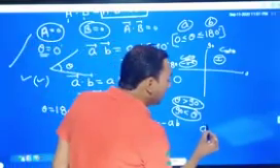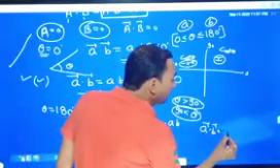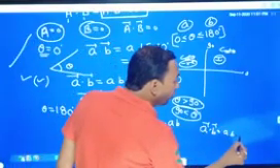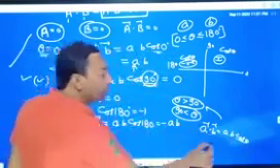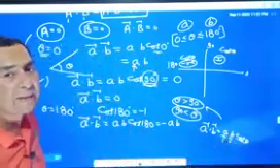Then a dot b is magnitude of a, magnitude of b and cos theta. In this condition, when theta is greater than 90 degrees, cos theta is negative, but a and b are positive. The magnitude of a vector is never negative.